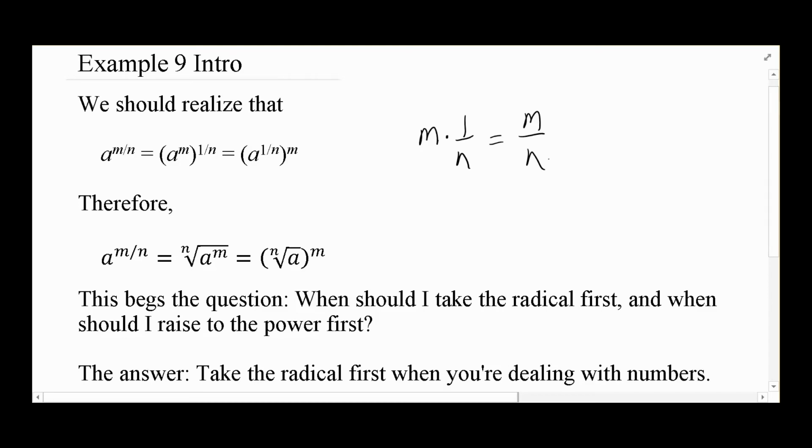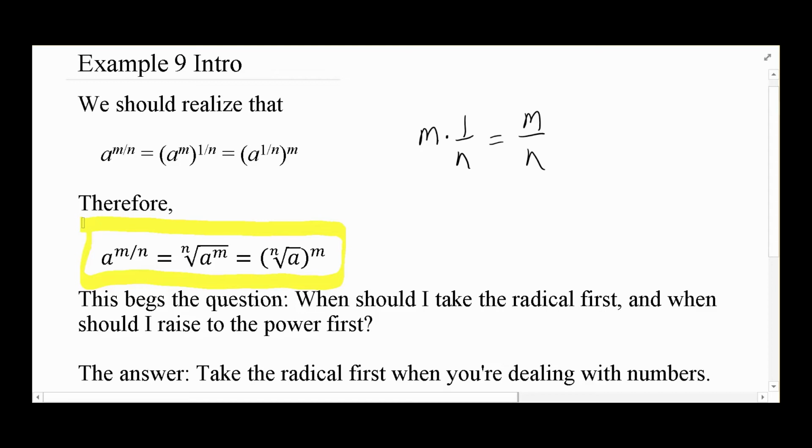Now, in terms of radicals, remember that the 1 over n power means the nth root. So the ways that we can write a to the m over n is we can either say take the nth root of a to the m, or the nth root of a, and raise that to the m. Either way.